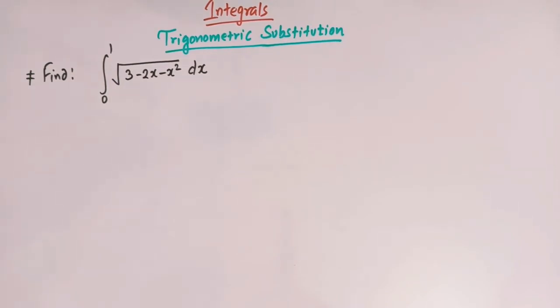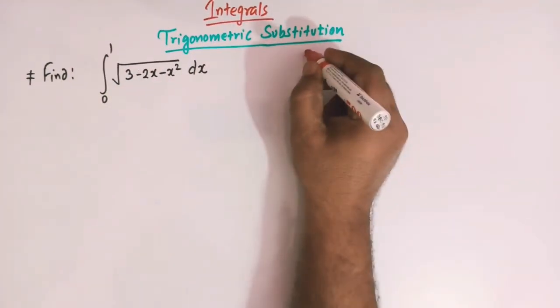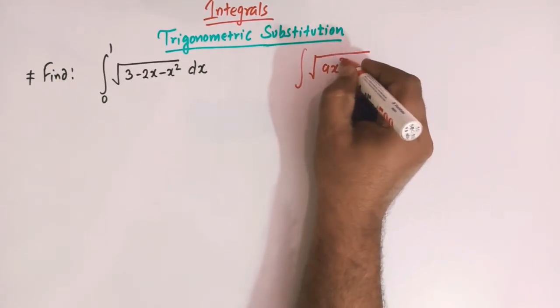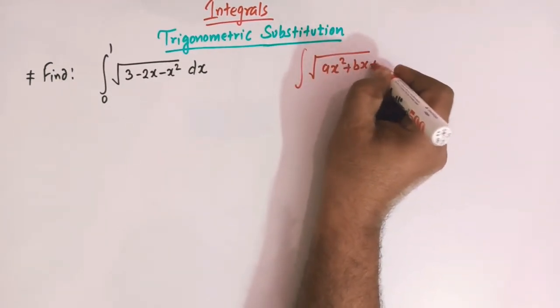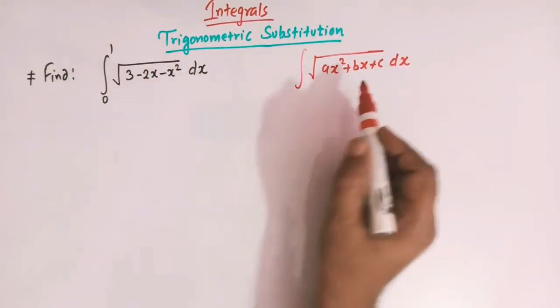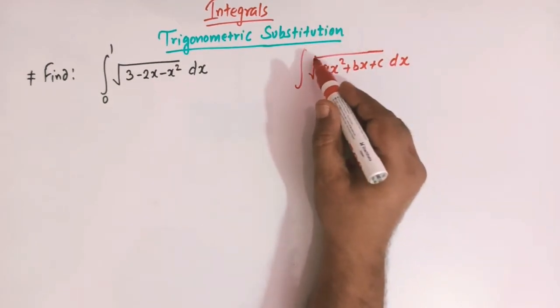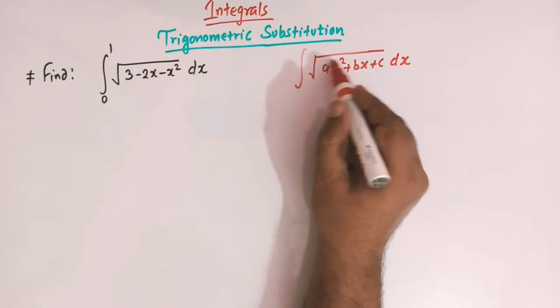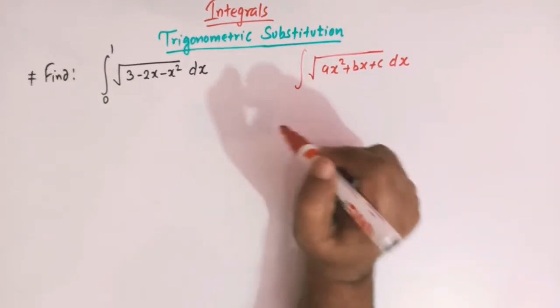So let us start. Now here we see that this integral is of the form square root of ax square plus bx plus c dx, right? So this integral is of this type, and here we have a quadratic polynomial inside this square root sign, right?